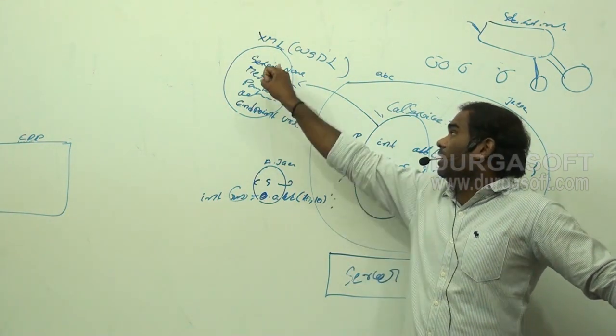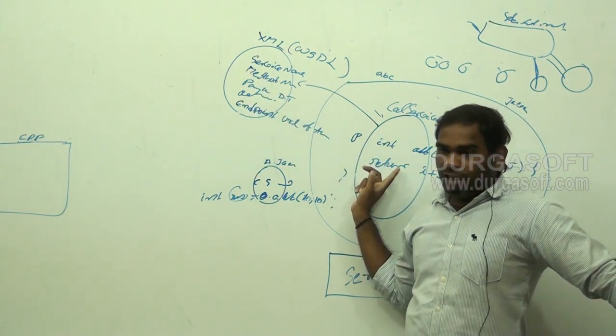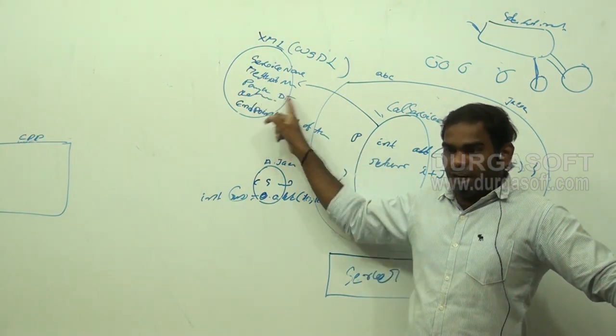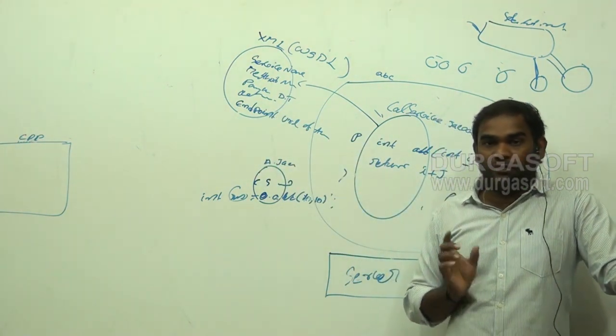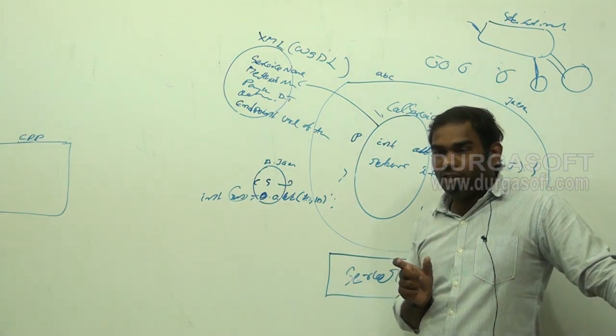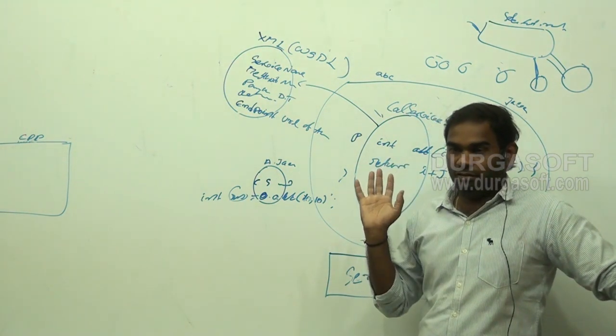Meaning what? Service name, that is the name of the service class. And the next one is what? Operation names, that is method names, parameters, return types, and the last one is the endpoint URL here. So if anybody asks what is the endpoint URL, the location where your service is running here.